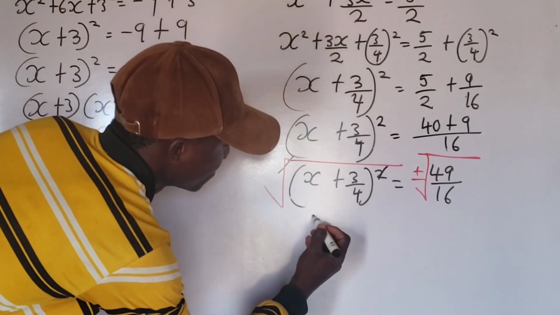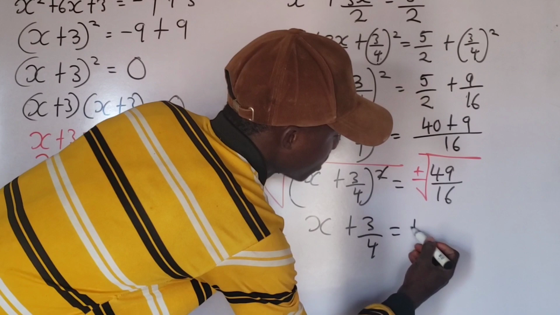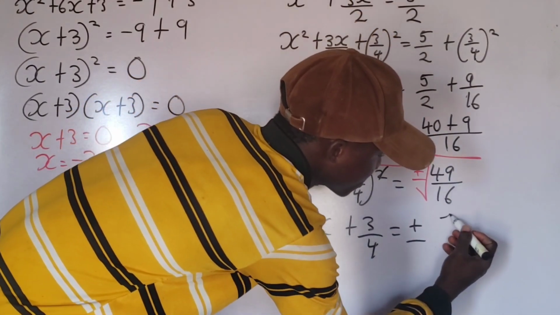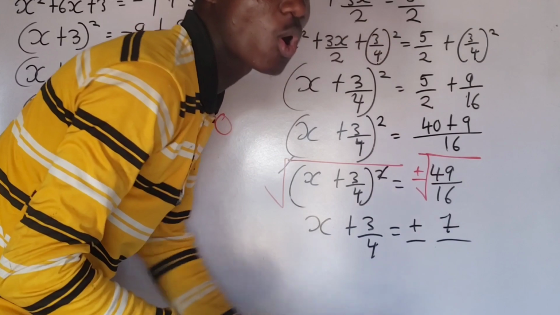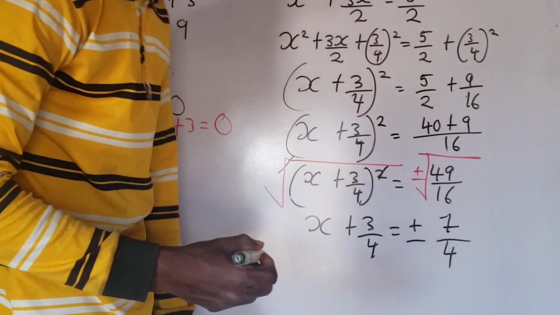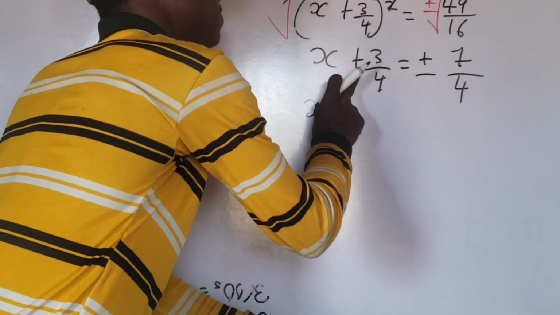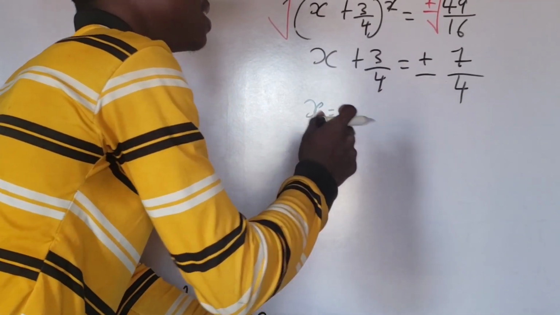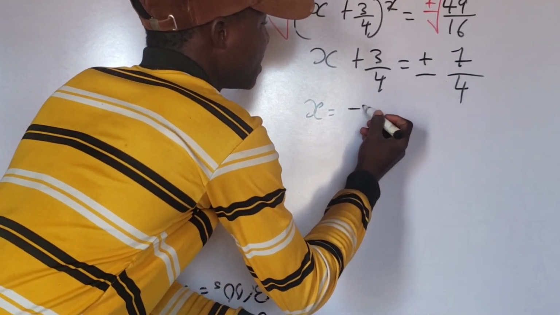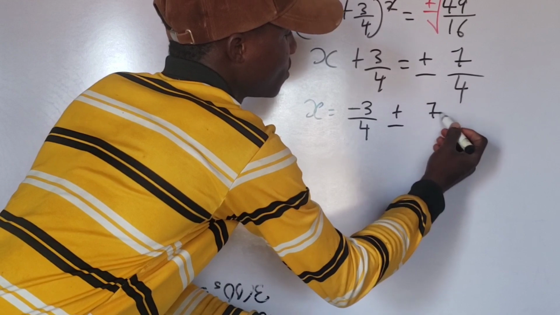So I'm left with x plus 3 over 4 equals plus or minus the square root of 49, which is 7, all over the square root of 16, which is 4. So I'm going to have 7 all over 4. Now x equals, if this positive 3 over 4 crosses the equals to sign, it's going to change to negative. So I'm going to have negative 3 over 4 plus or minus 7 all over 4.